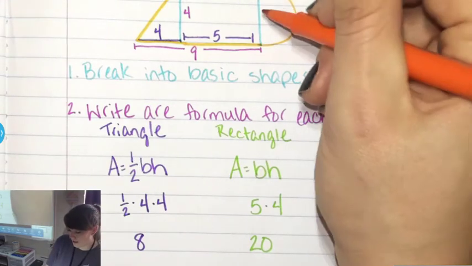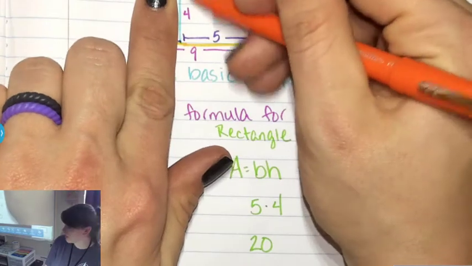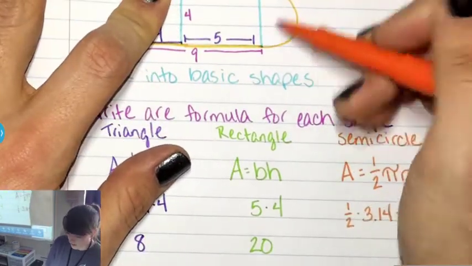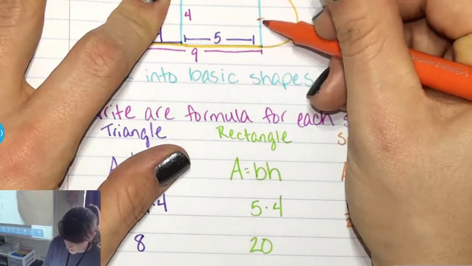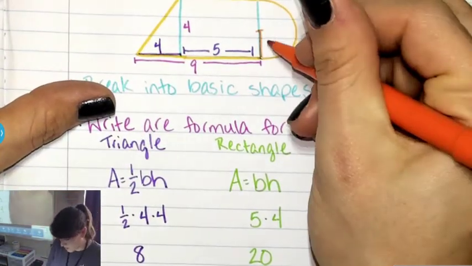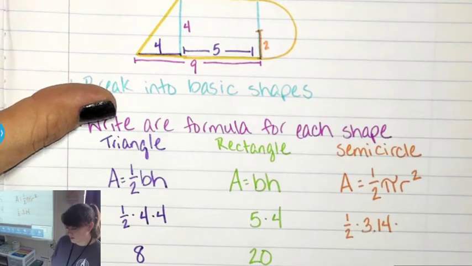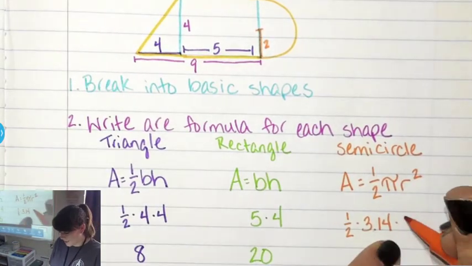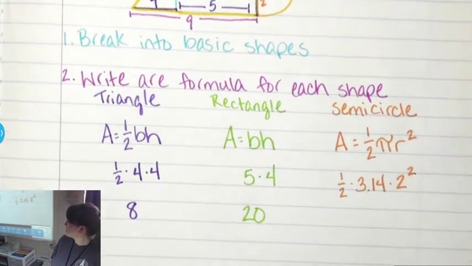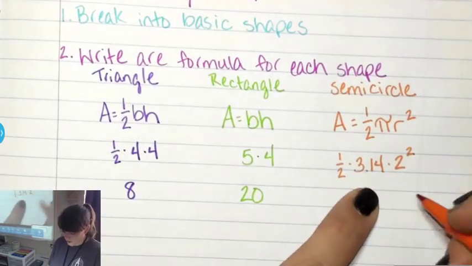Because if this is 4, then half, from here to here, is how much? 2. So radius is 2, and that's squared. So 2 times 2, 4.